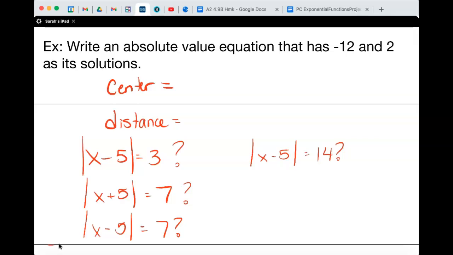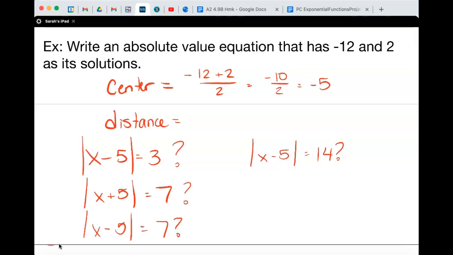So how do I find the center? Negative 12 plus 2 divided by 2 is negative 5. But does it matter if it's negative 5? Yes, it does matter for the center. Negative 5 on the number line is totally different than positive 5 on the number line.